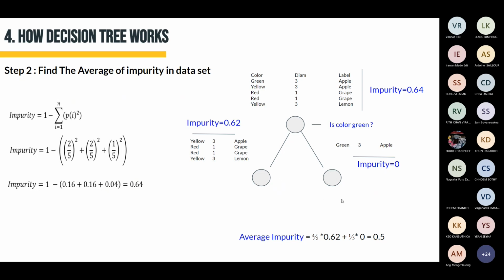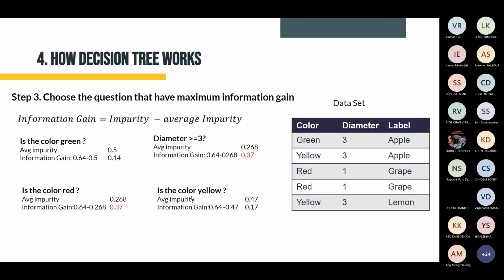After we find the average of impurity, using the information, we know that the question that has a lot of information gain could be the root node, because we use a lot of entropy. So after we split, we add the question.